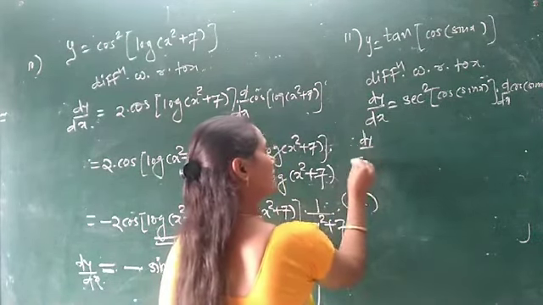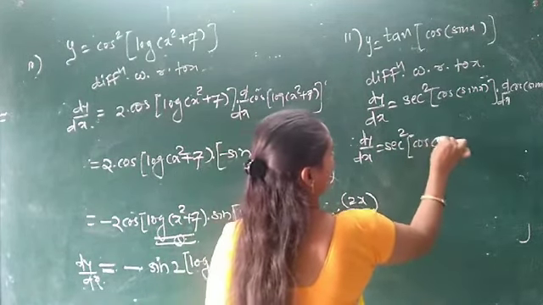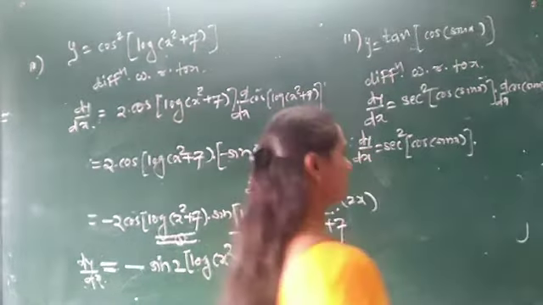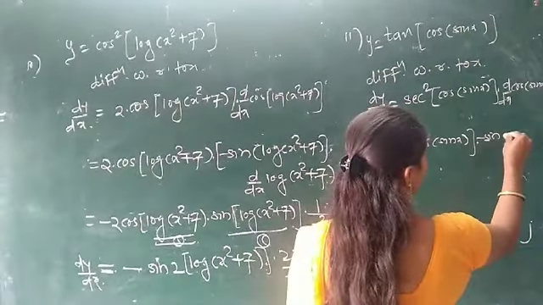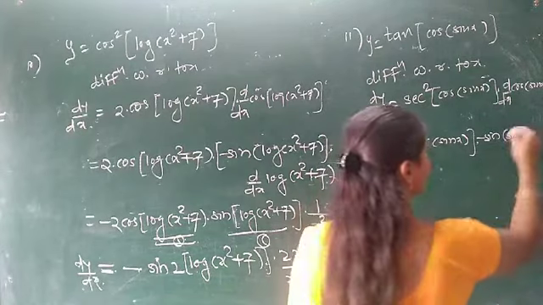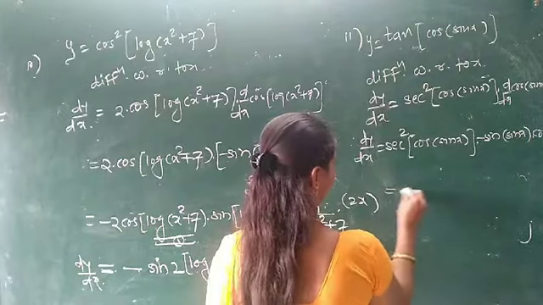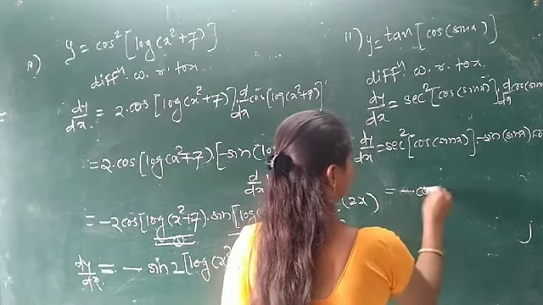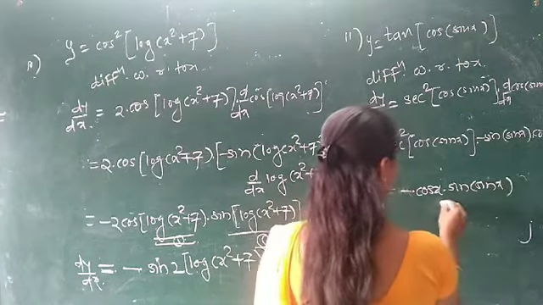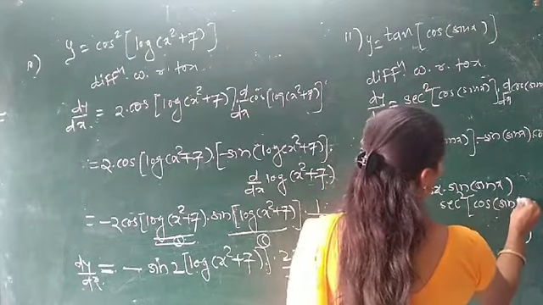Therefore, dy upon dx is equal to sec square of cos of sin x into, again, the derivative of cos theta is minus sin theta. So, minus sin of sin x and into the derivative of sin, that is cos x. So, the answer is minus cos x into sin of sin x into sec square of cos of sin x.